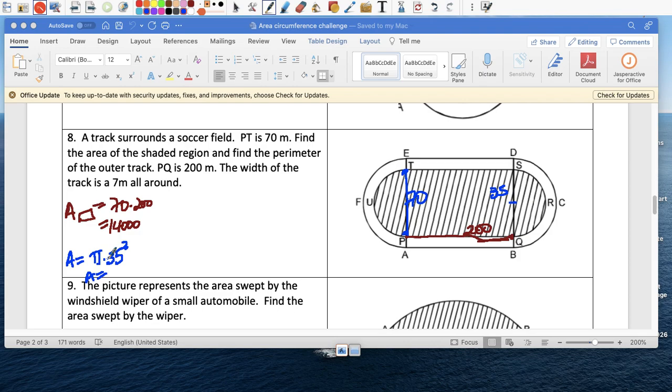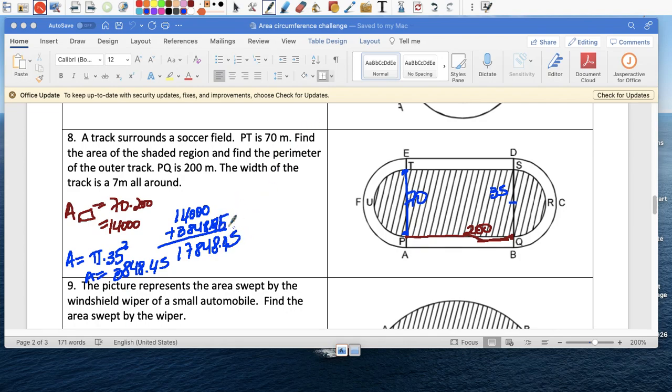We're going to get 3,848.45. So we're going to add 14,000 plus 3,848.45, and we're going to get 17,848.45.